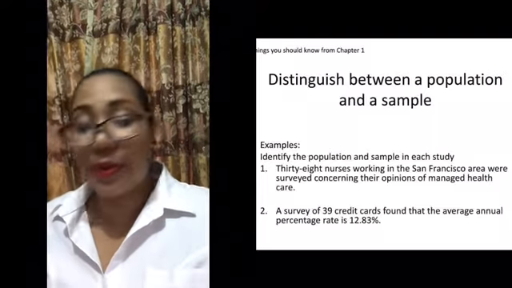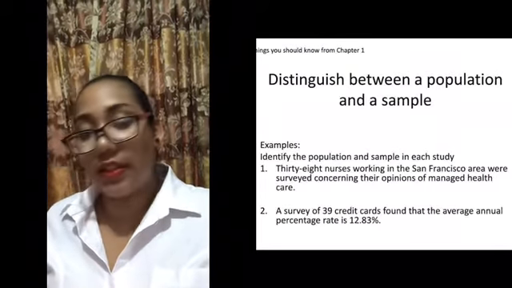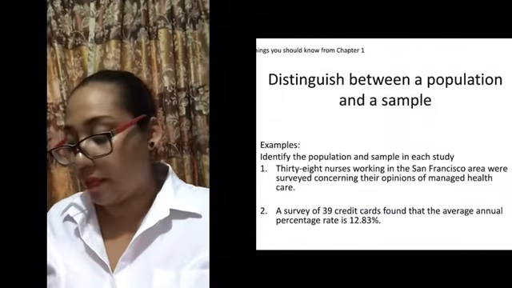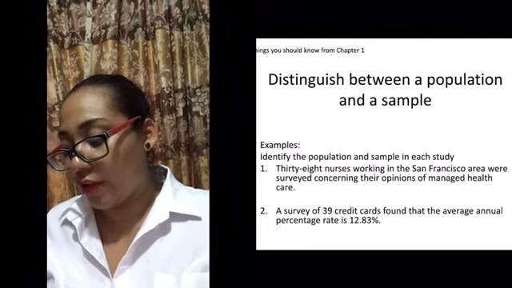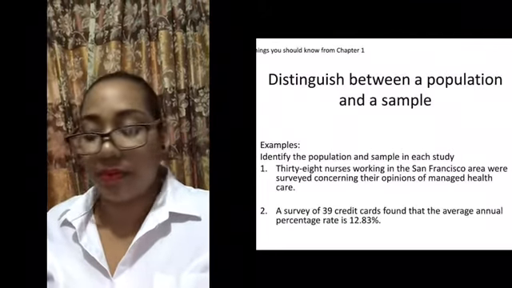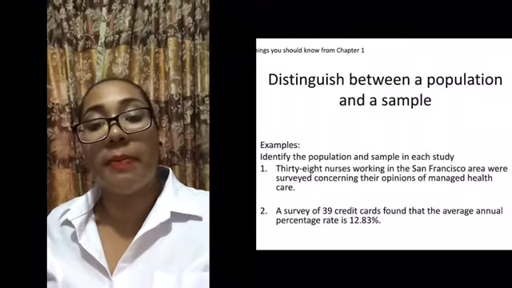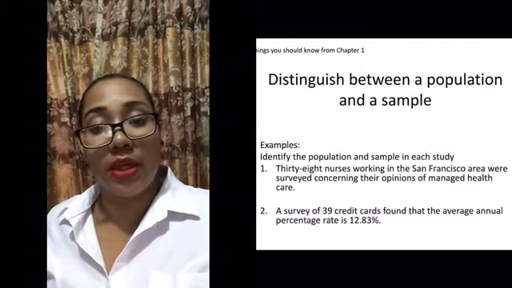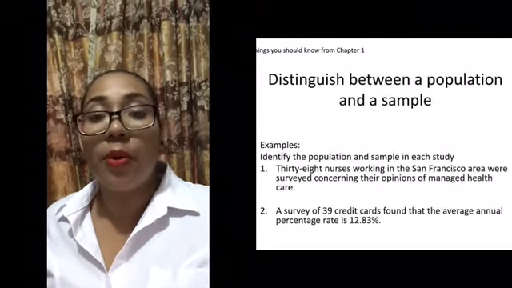Let's read number 1. It says: 38 nurses working in the San Francisco area were surveyed considering their opinions of managed health care. So right here you have to find the population and the sample. If you understand what the variables are, then write them down.